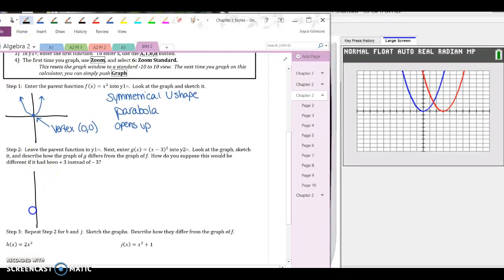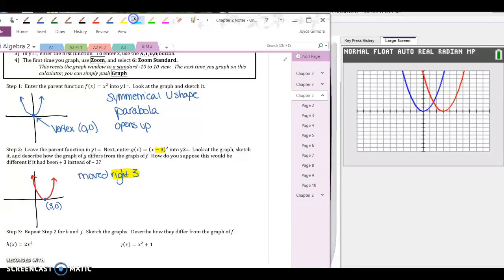So notice the general shape of the parabola is the same, but this time the parabola has moved 3 units to the right. So our vertex is at the point 3, 0. It moved right 3. And really what I'm trying to accomplish with this problem is have you make the connection between right 3 and the minus 3 inside the parentheses.